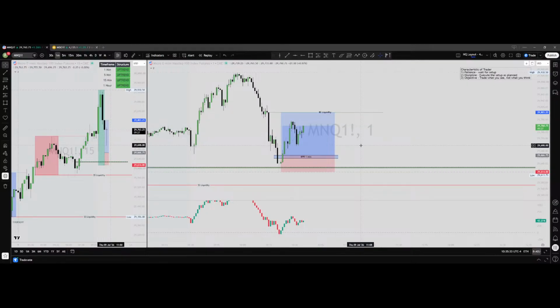Doesn't mean it cannot push the price downside. There's still one draw on liquidity, which is this fair value gap or this 1 minute BPR. What is holding right now is fair value gap plus order block, this order block right here is holding.